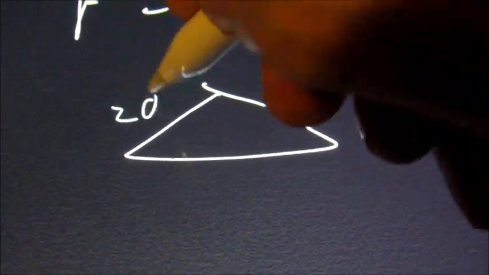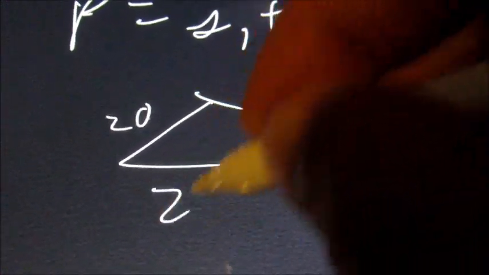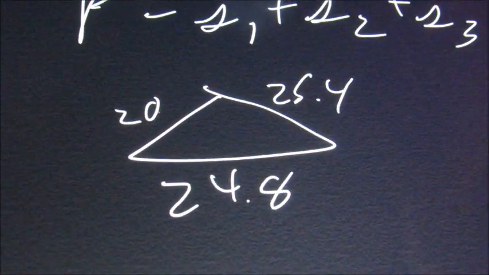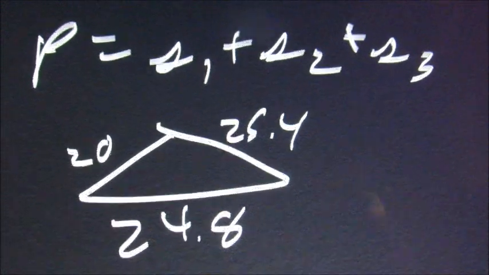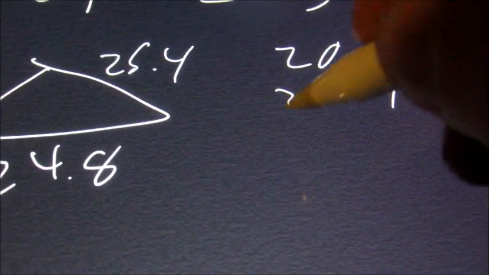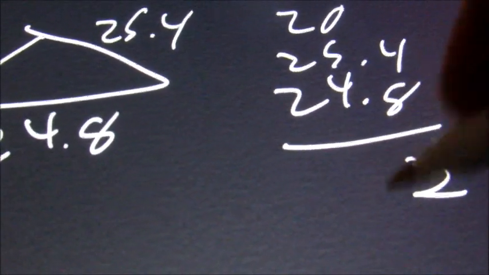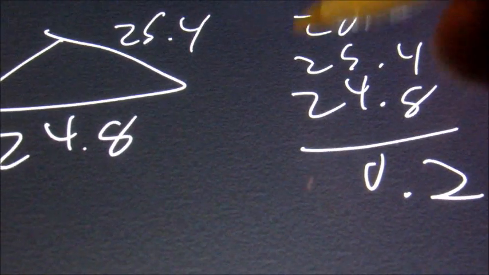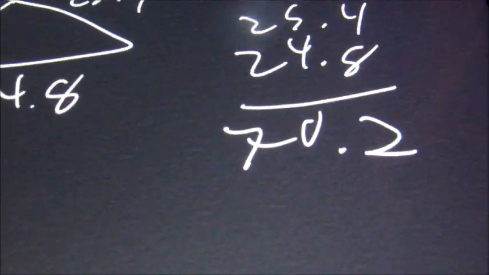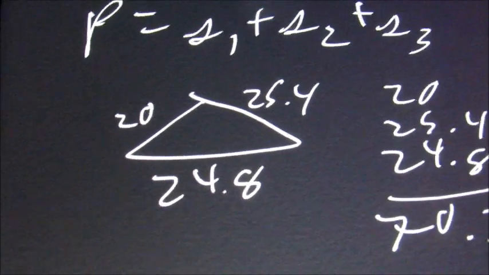So if we're given one side is 20, one side is 25.4, and one side is 24.8, we're going to add those up. We have 20 plus 25.4 plus 24.8. That's 70.2. So just add up the three sides when you're asked for the perimeter.